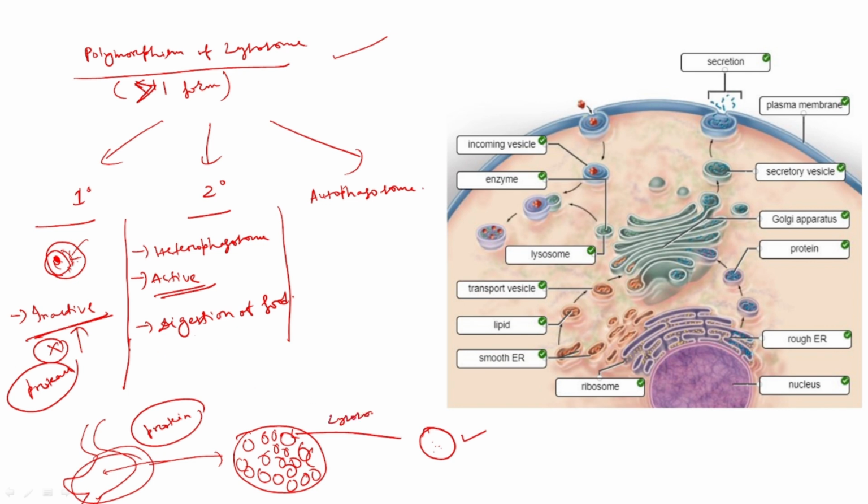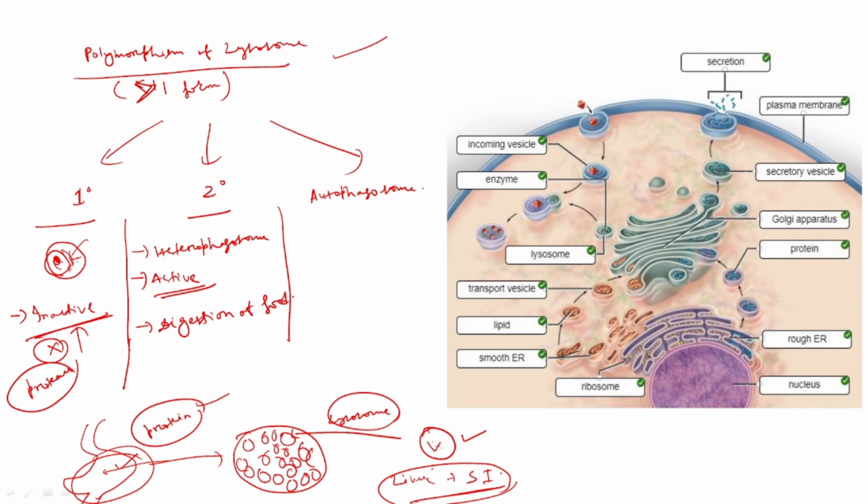So the lysosome of the stomach digests the protein. In the liver also, in the small intestine also, they all contain the lysosome.